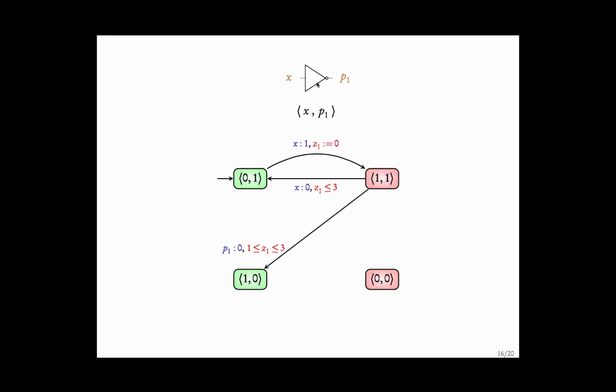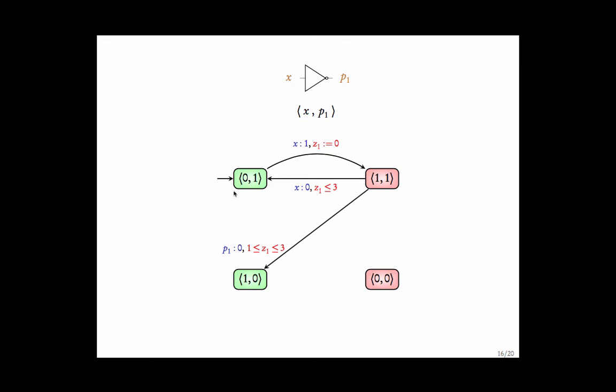Note that the circuit is not forced to become stable within this time gap. What we say is that for it to become stable, it needs at least 1 time unit, but it may choose not to become stable within this time gap and go back here. However, if the time becomes equal to 3, then it has to go to either one of these 2 states. So there is an invariant Z1 less than or equal to 3 in this state.